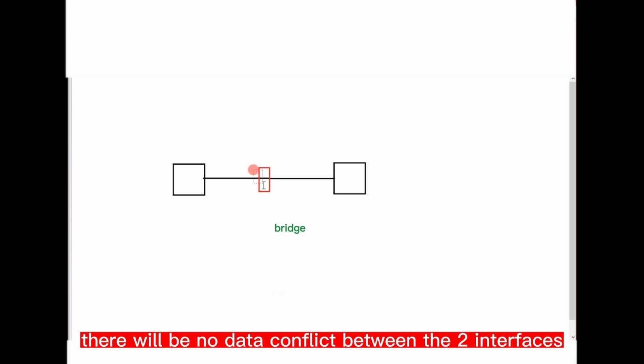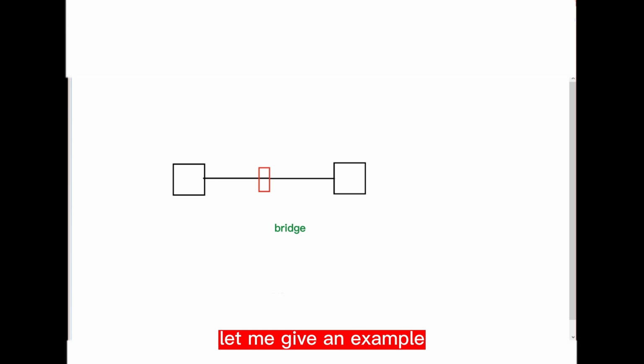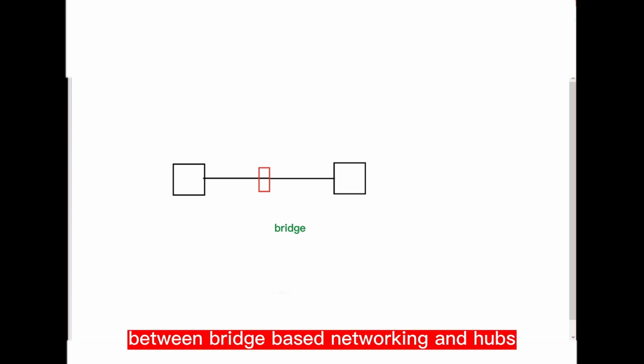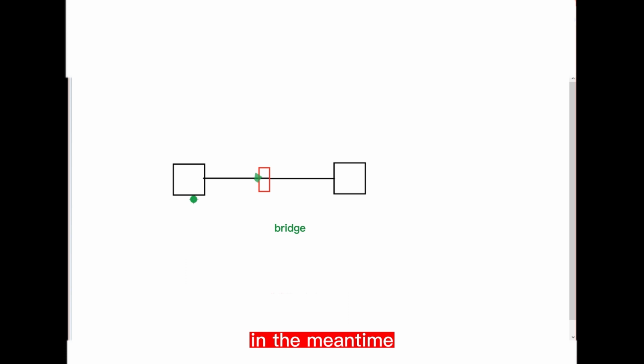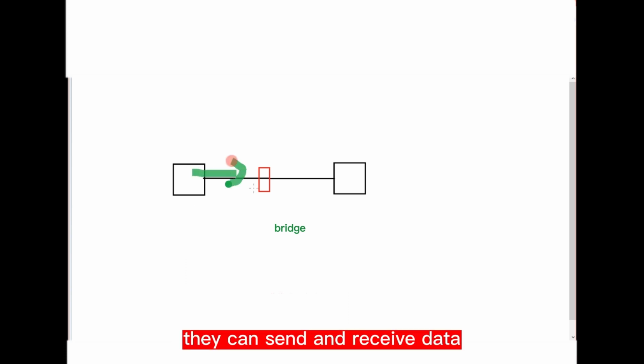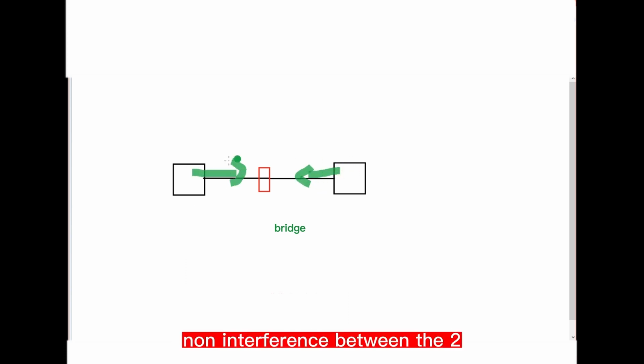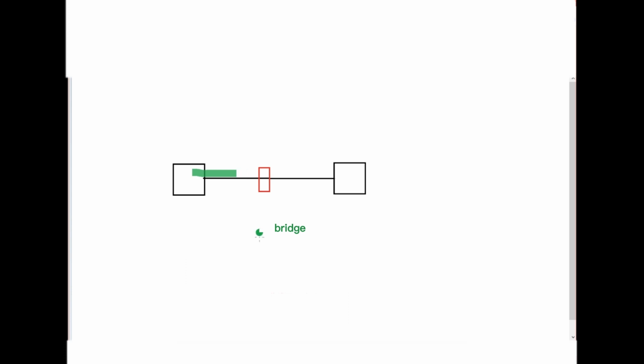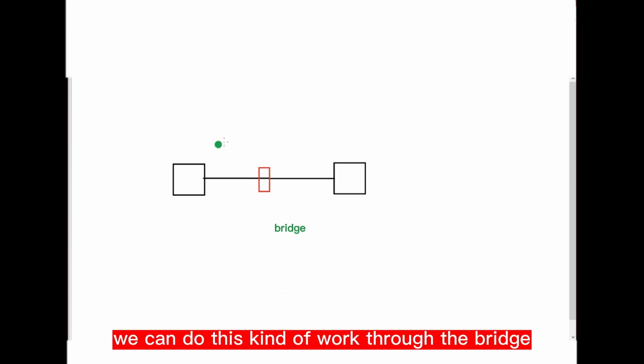There will be no data conflict between the two interfaces. Let me give an example to explain the differences between bridge-based networking and hubs. For example, these two are bridge interfaces. In the meantime, they can send and receive data without interference between the two. We can do this kind of work through the bridge.